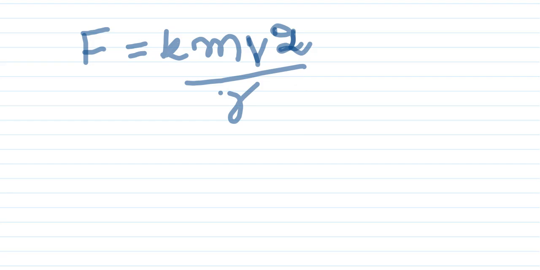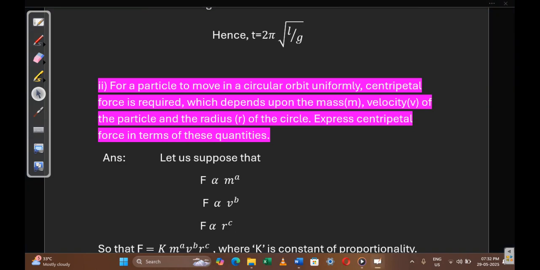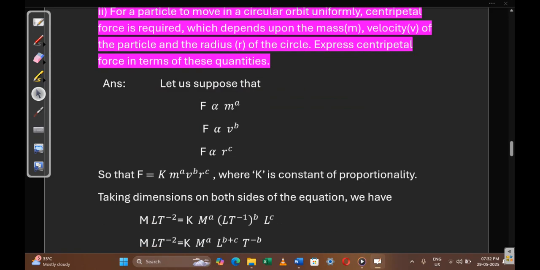This force is required to move a particle in a circular path. Here the value of K is 1. So F is equal to m v square by r. Like this, we can derive the equation for the given relationship.